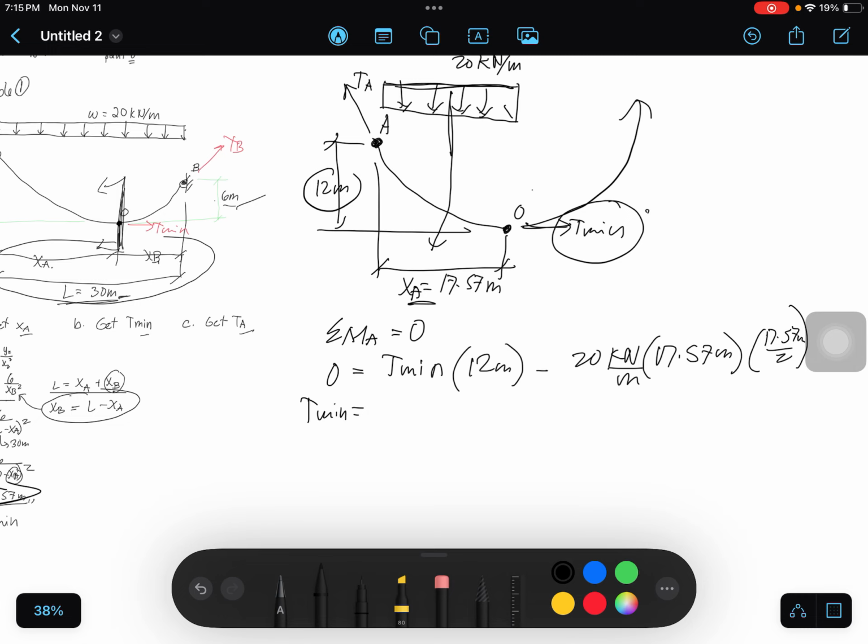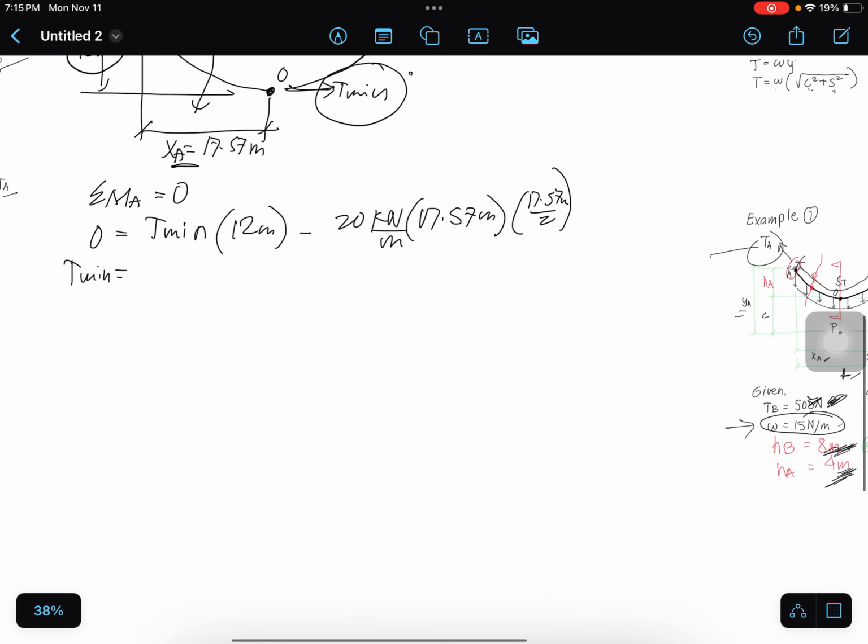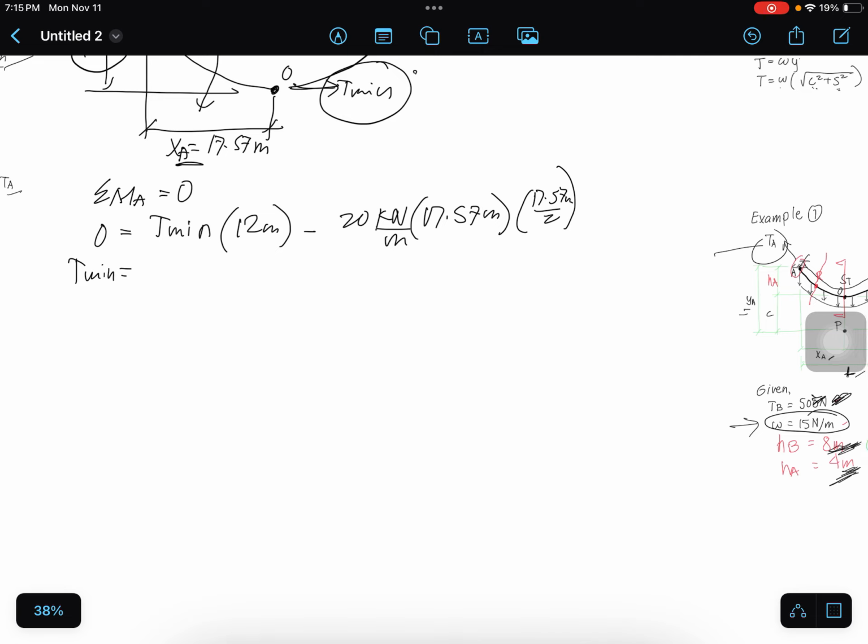Calculate ko nga muna. So, 20 times yung XA na 17.57 times 1/2 ng 17.57 and then divided by 12.